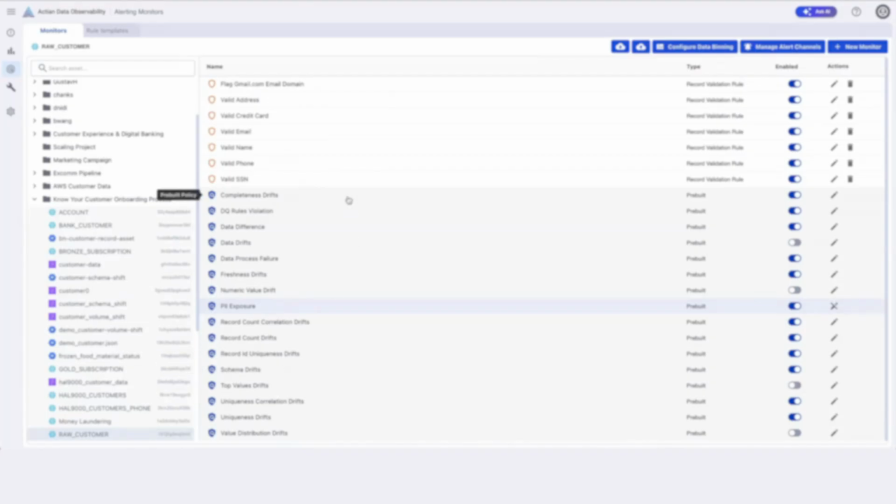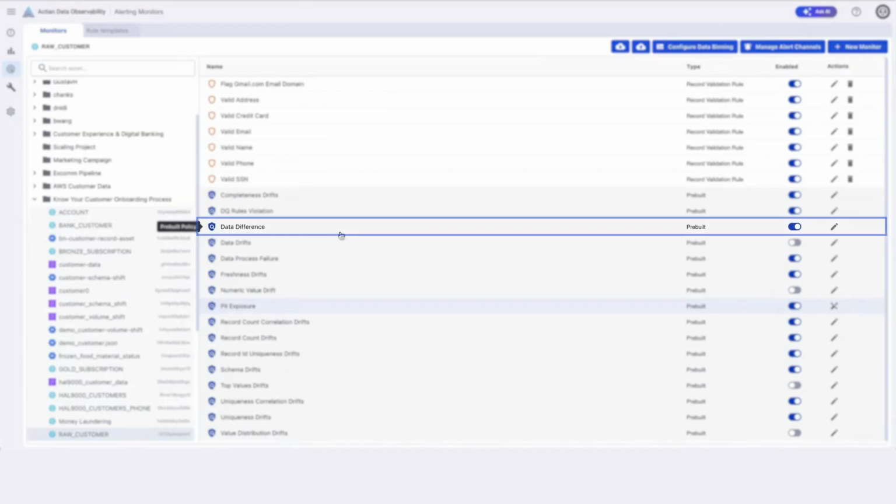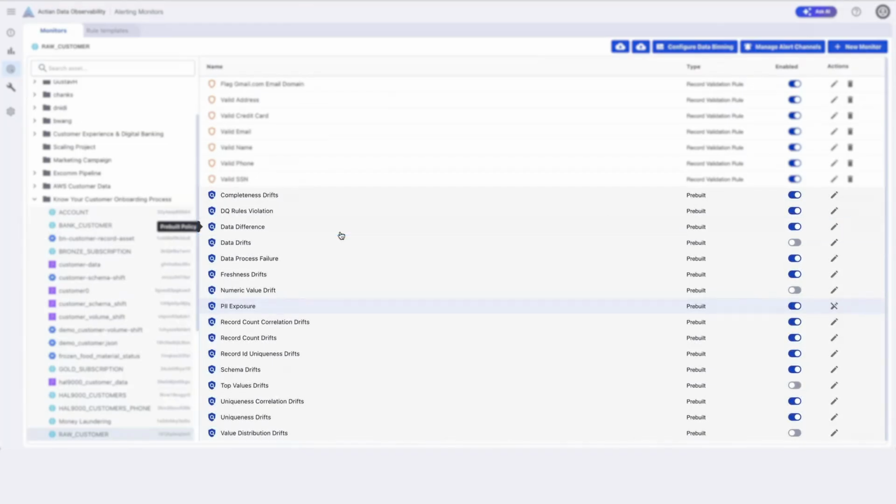Our monitoring expert in a box automatically looks for things like freshness, structural schema changes, different volume anomalies, data differences across your systems, drift in its different forms, correctness, and business critical metrics.